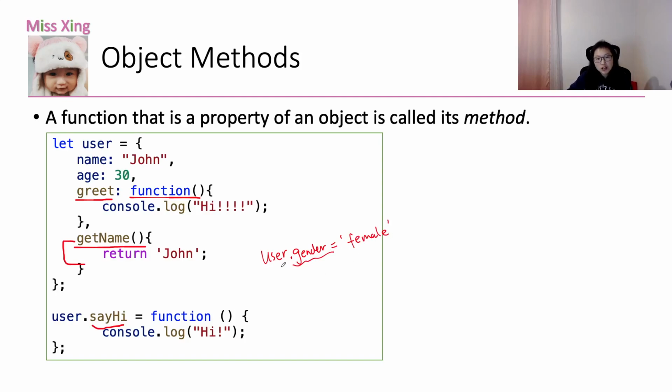When we console log the user, we will have name, age, greet, getName, and also the gender, right? And this gender has a value of string type, which is female. You can also add an extra method, still using dot notation, sayHi, and a function. How to call it? You can use user.sayHi, and sayHi now becomes a method like this.